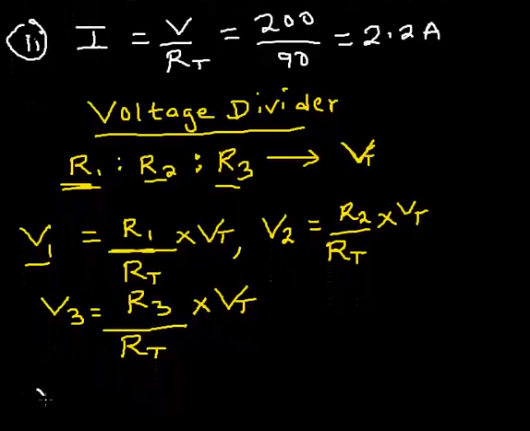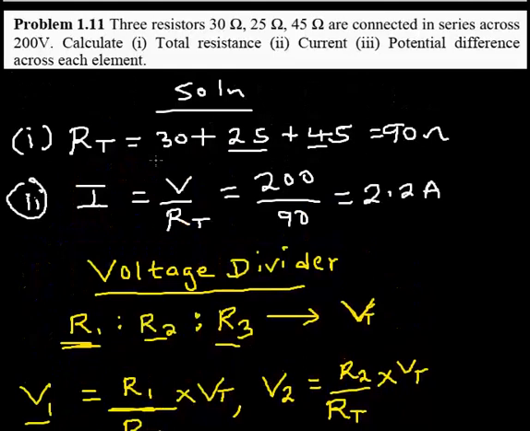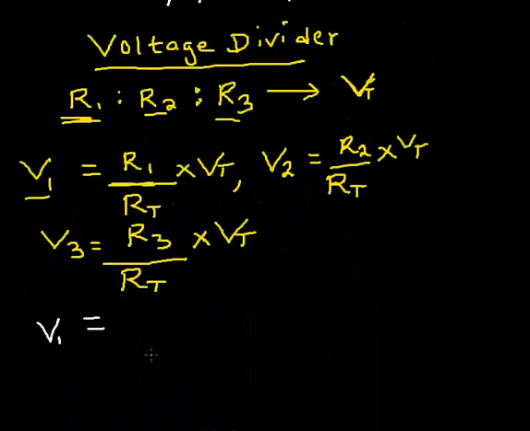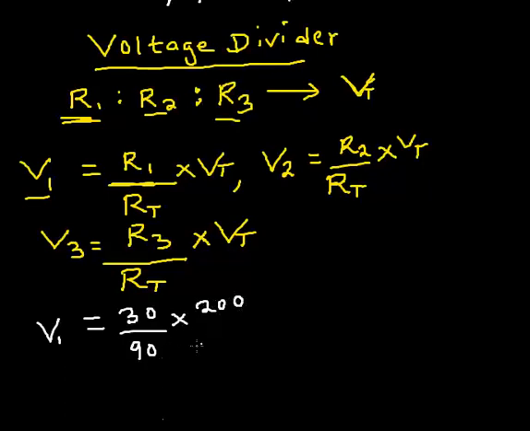So that means V1 is going to be equal to R1, which is 30 ohms. That's going to be 30 divided by the total, which is 90, times the voltage, 200.